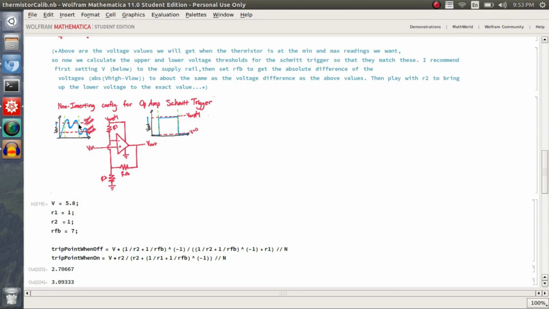Okay, and so here's, very basically, what a Schmitt trigger does. It's often called a debouncer, because it turns on once a certain threshold is reached, but then once you reach that threshold, a new threshold is set, which is called the lower threshold, we'll say.